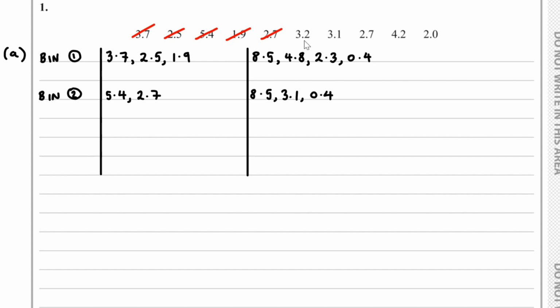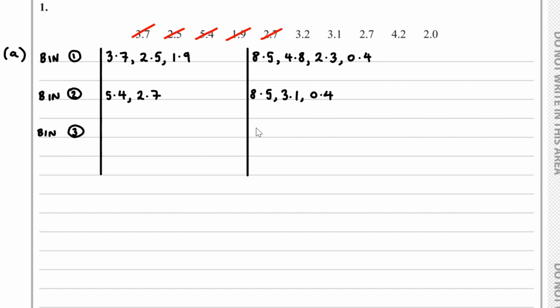Let's now take a look at the 3.2. Well, there's not enough space in bin number 1. There's not enough space in bin number 2, so we'd have to open up a new bin and put 3.2 into it. So let's open up a new bin, bin number 3.